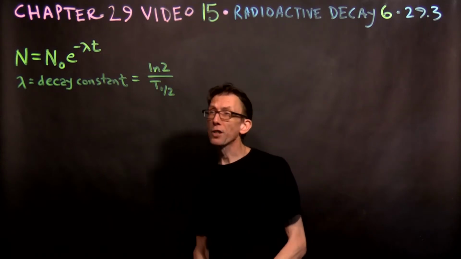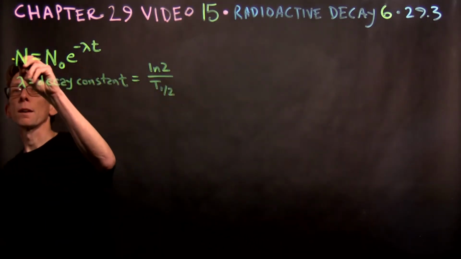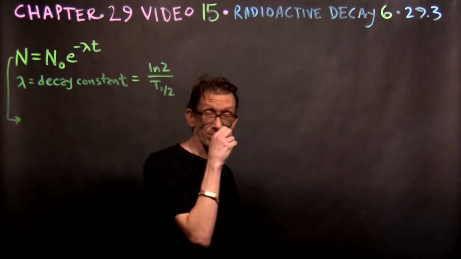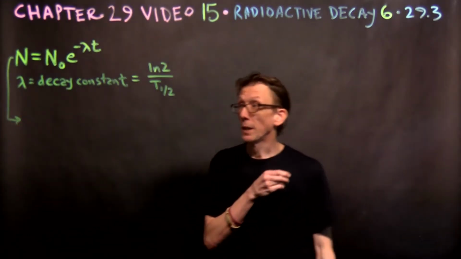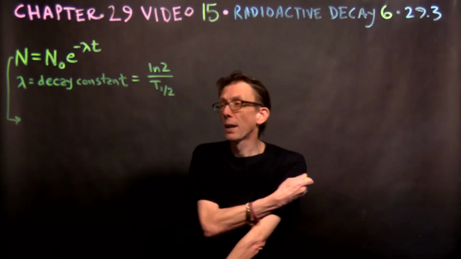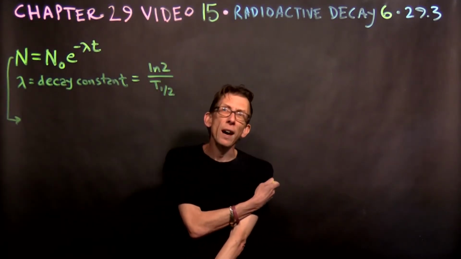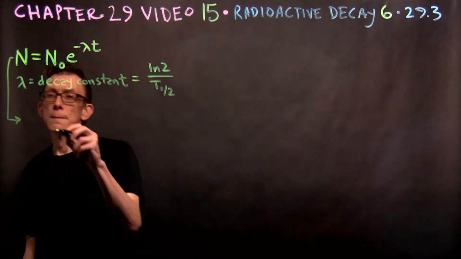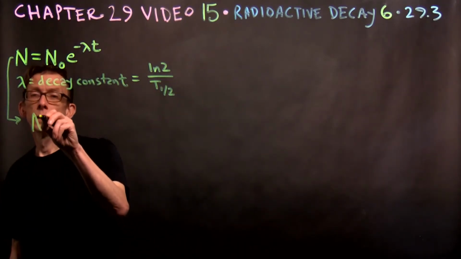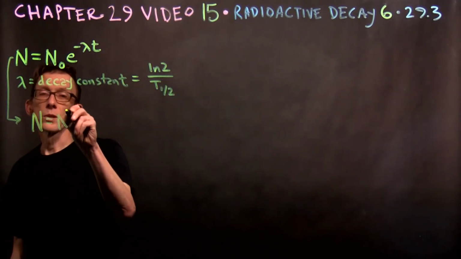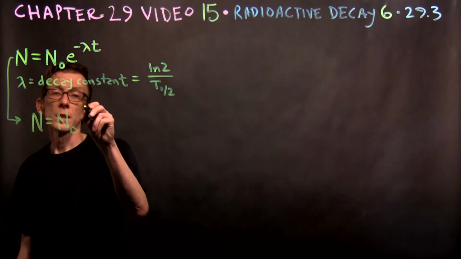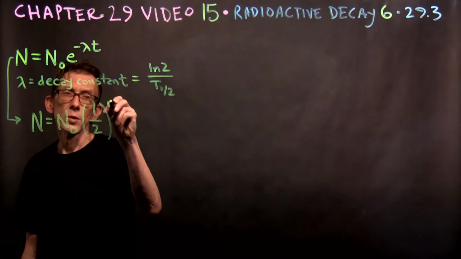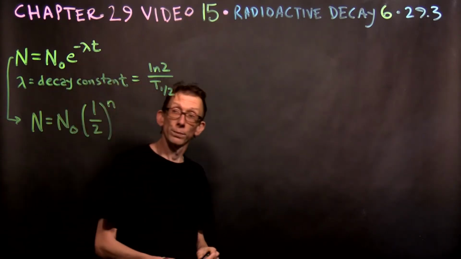There's another way of writing this first formula in terms of the half-life. I'm not going to derive it. It's straightforward, and this is really just another way of saying it. It's this: N equals N naught times 1/2 to the little n power.